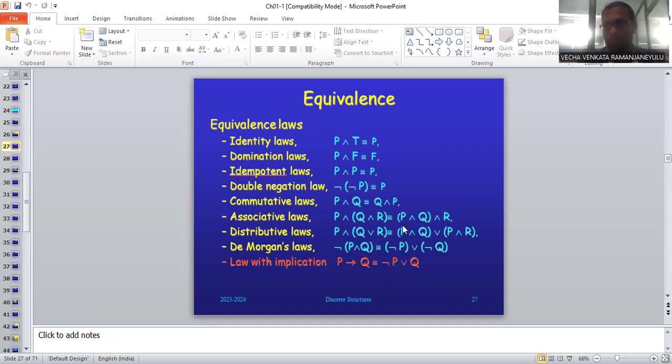Whenever negation is applicable, the symbol and becomes or. Okay. Here De Morgan's law, negation of P and Q is equivalent to negation P or negation Q. Next, law with implication. P implies Q is equivalent to negation P or Q. These are the total equivalences.